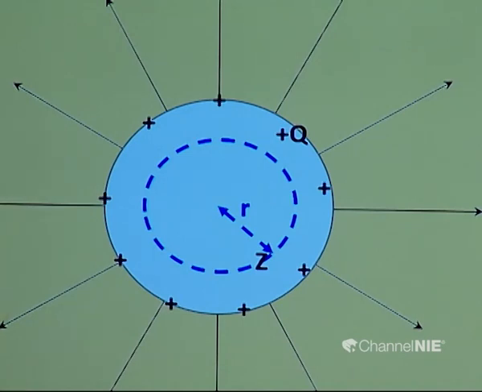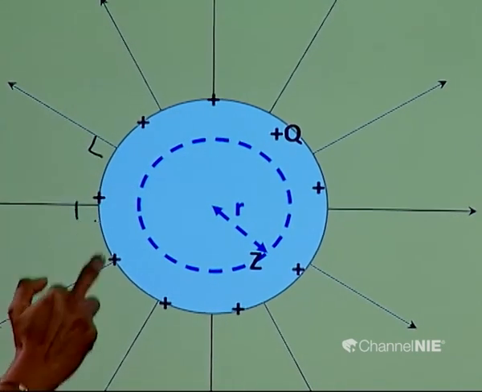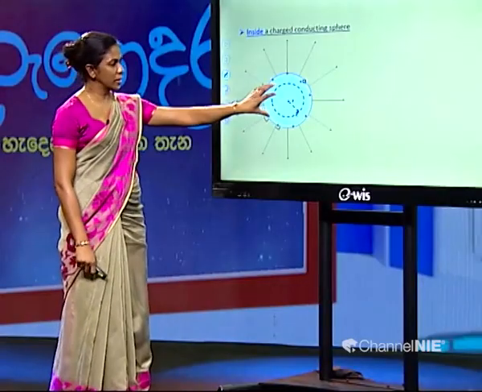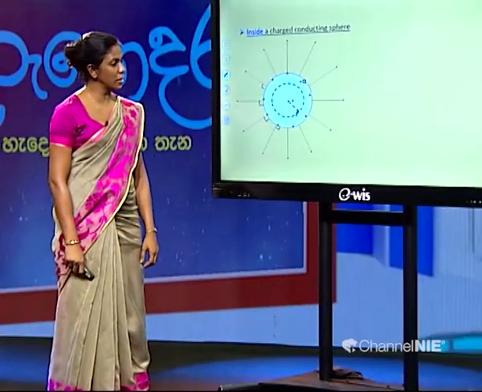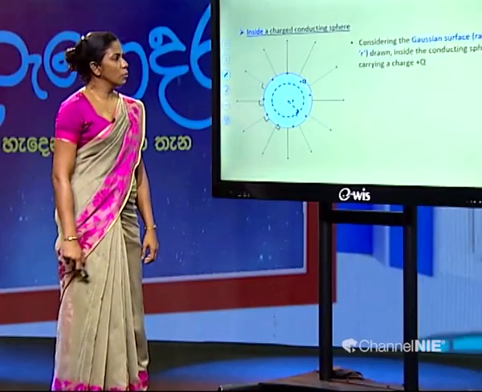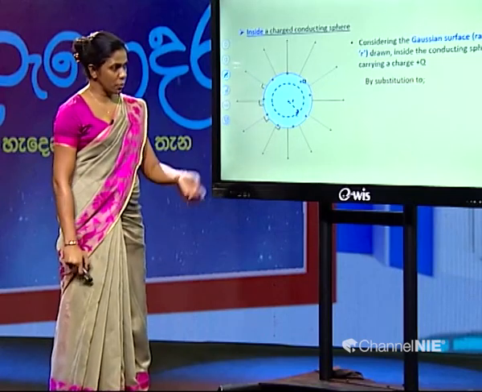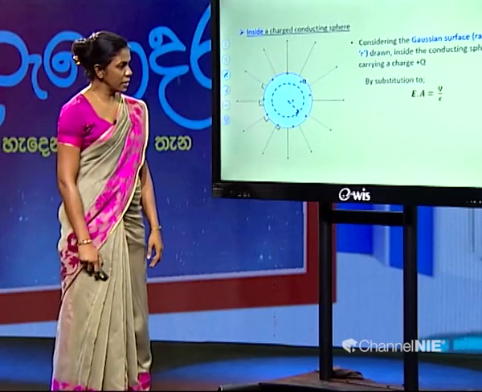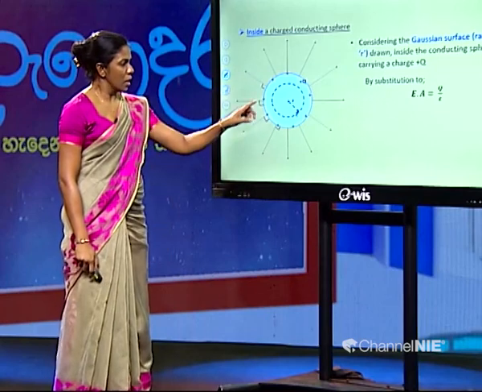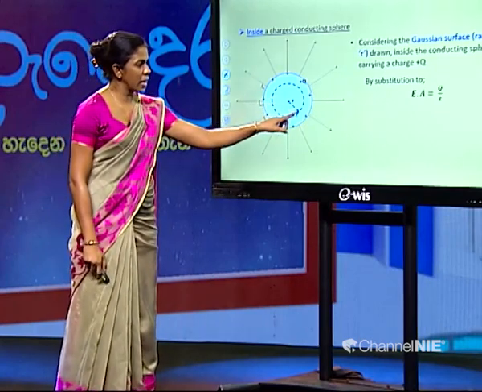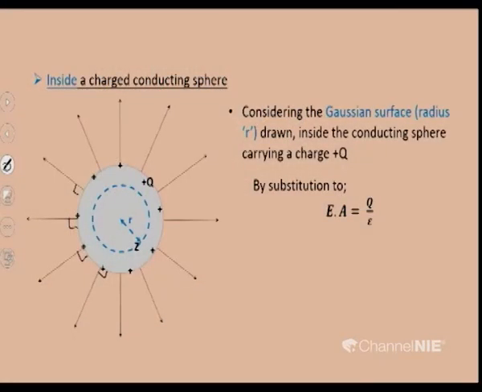And that will be my field lines perpendicular to the surface. That is the Gaussian surface that we have drawn inside. Now, if you try to substitute into the equation once again, we see that field intensity at that point, anywhere on the surface, must be the same, the reason being it is at the same distance.